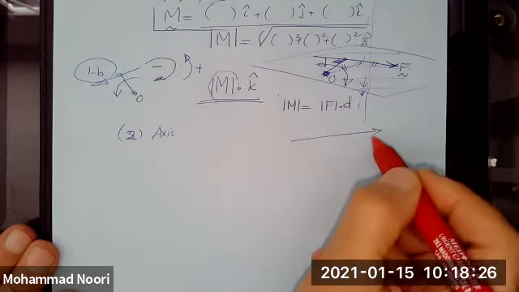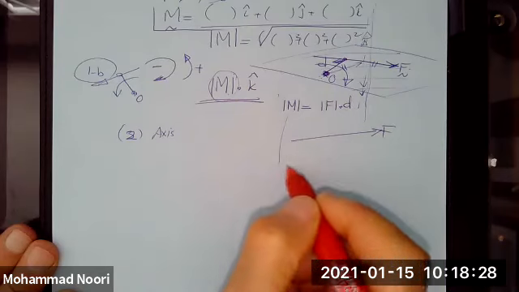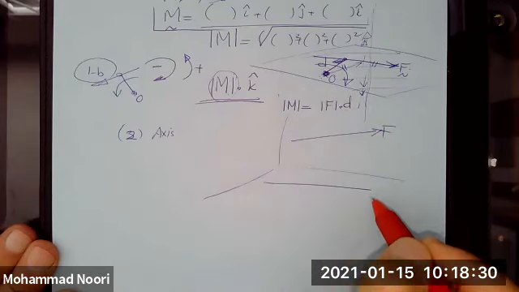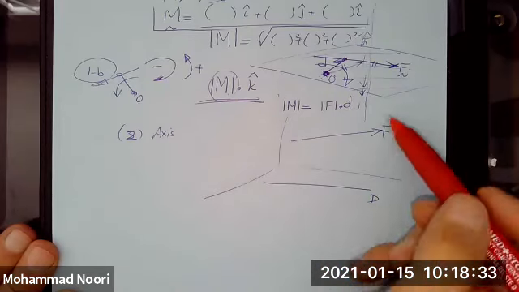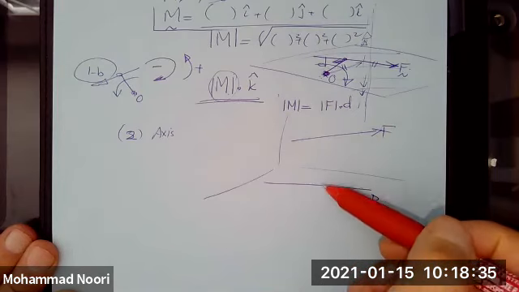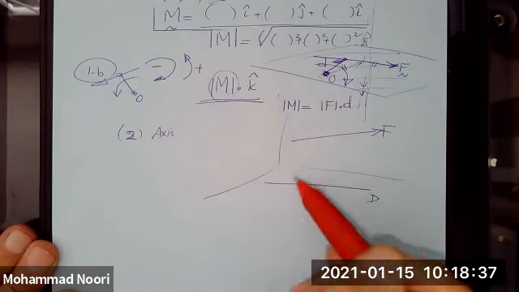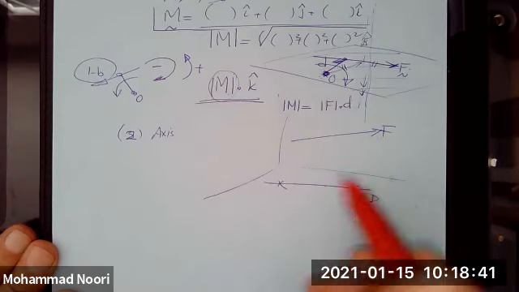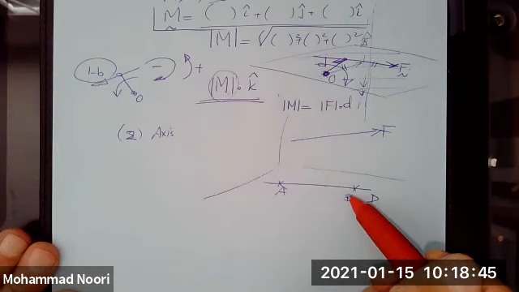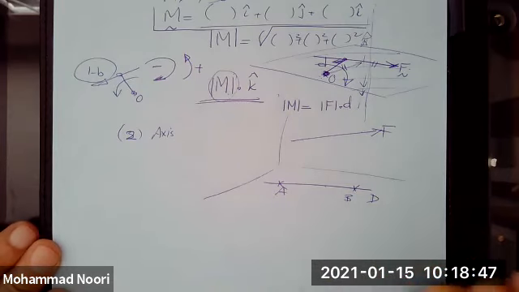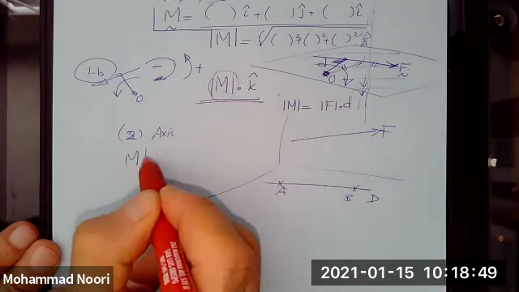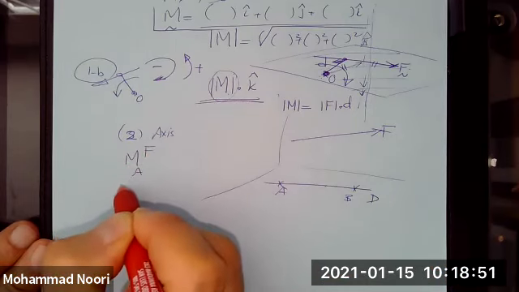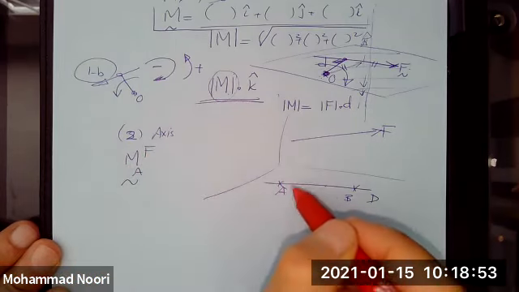If you have a force and there is an axis here, D, and you want to find the moment of this force about this axis, again, this axis is given by a couple of points, by the coordinates of some points. So the first thing is you find the moment of that force about a point along that axis.